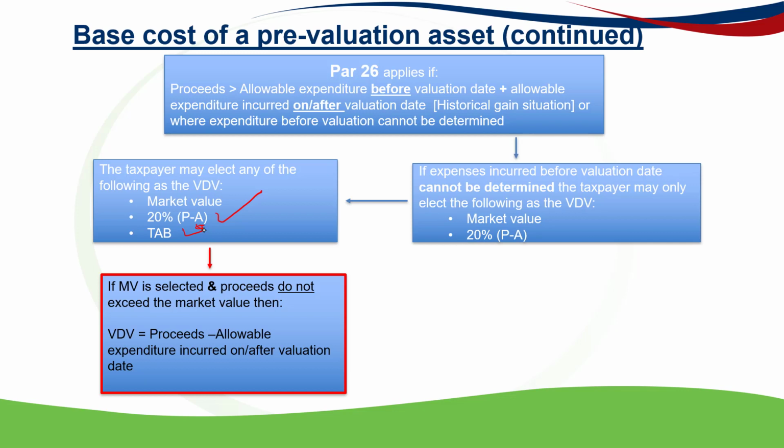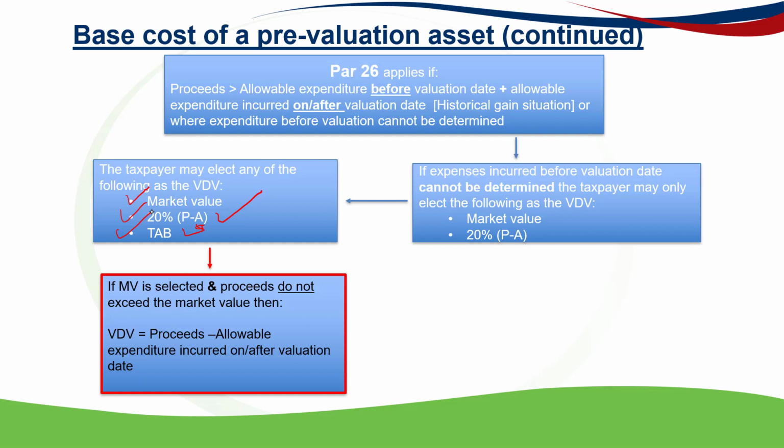So if a taxpayer can determine the expenditure incurred before the valuation date and they are in a historical gain position, they have the following three options to select from. So they have the market value, 20% of proceeds less allowable expenditure incurred on or after the valuation date, and then lastly TAB. Right.